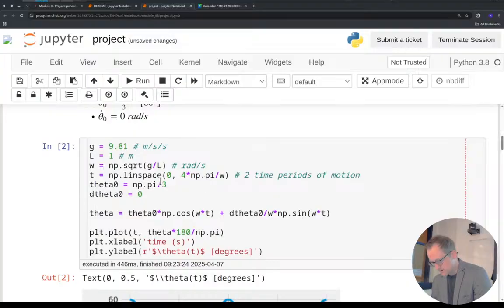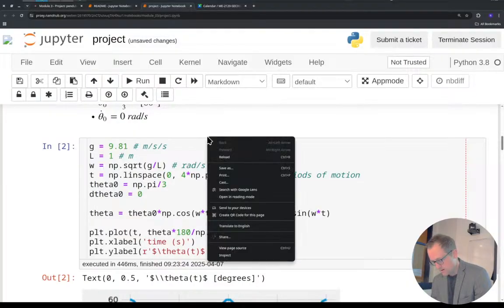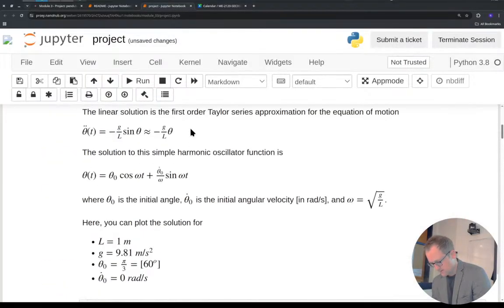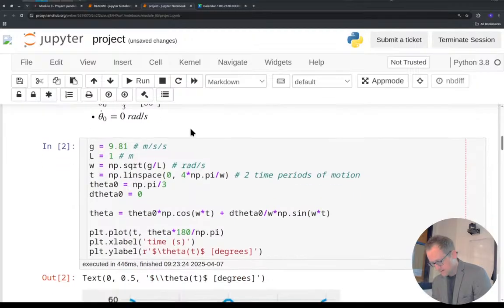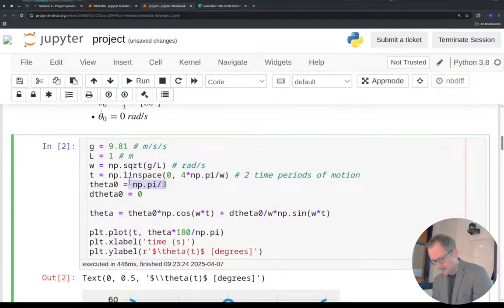To start, I'm just going to say the initial angle is 60 degrees. So the first number that we threw out there was 30 degrees. Let's double it and see how good it is.